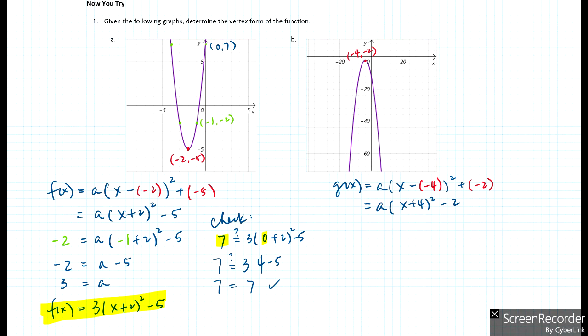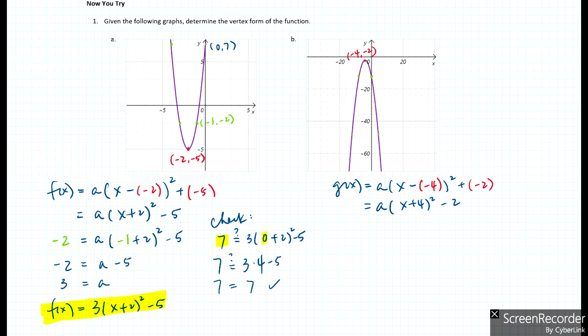Using this, we can find another point in order to find what exactly a is. In this case, we can find a using one of these 2 points, or I believe there's another point over here. These 2 points would also work.